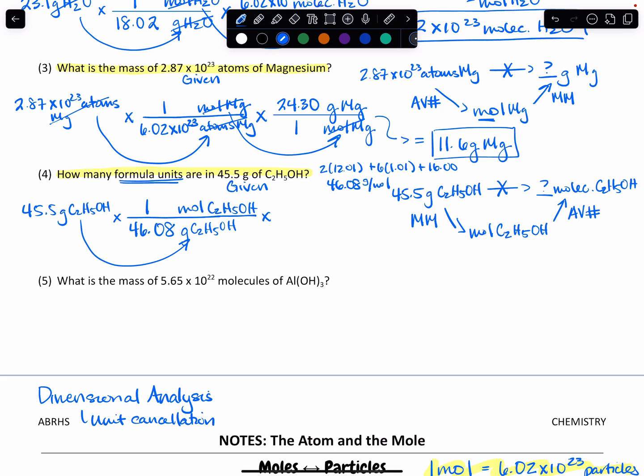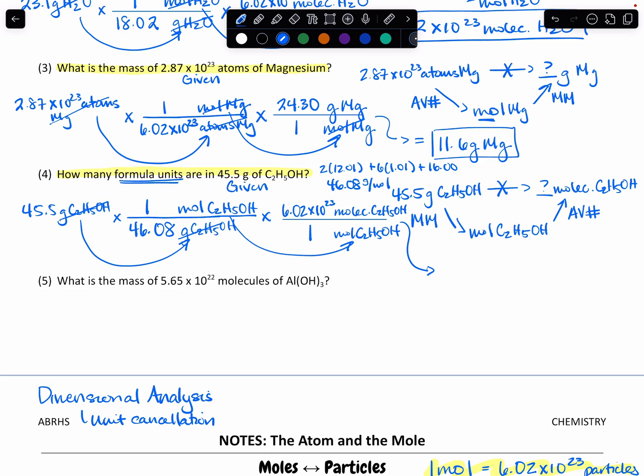But I'm not done. That lets me cancel the grams, but I still need to get to particles. So I'm going to put moles of C2H5OH in the bottom, and I'm going to put molecules of C2H5OH up top. I'm running out of room here. And I know that 1 mole of any substance contains 6.02 times 10 to the 23rd particles of that substance, in this case, molecules.